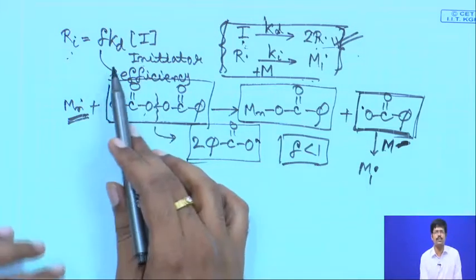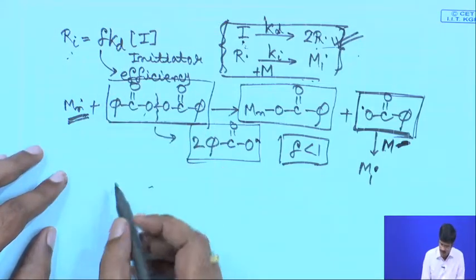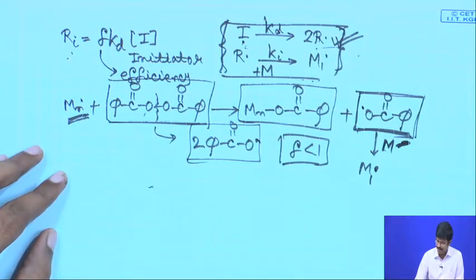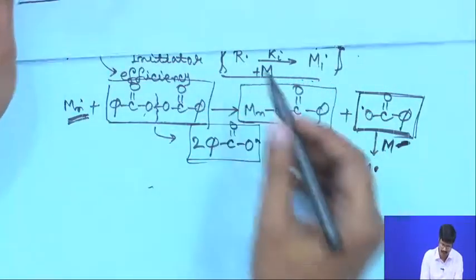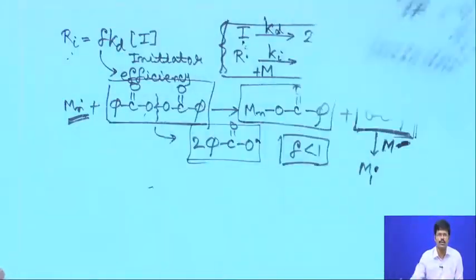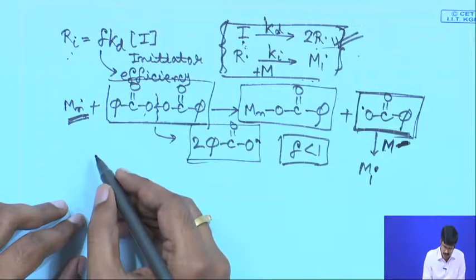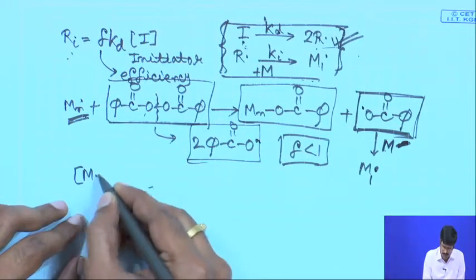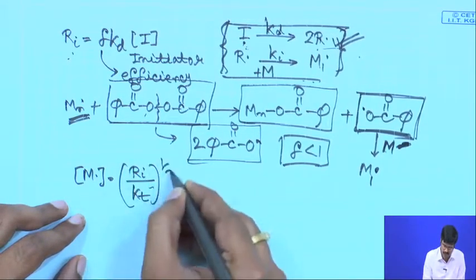So your Ri is equal to f Kd into I. Considering all these expressions, your Ri is equal to f Kd into I, and your M dot was Ri divided by Kt to the power half.